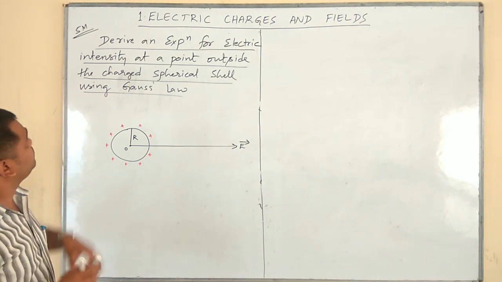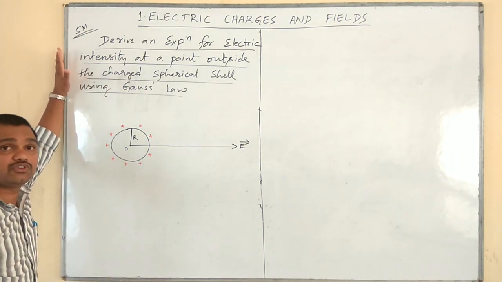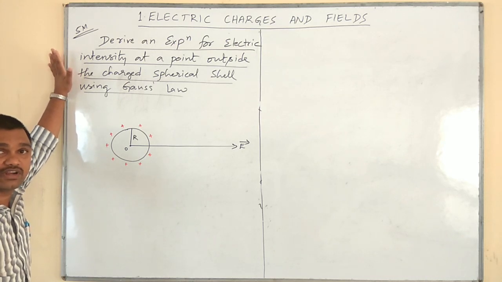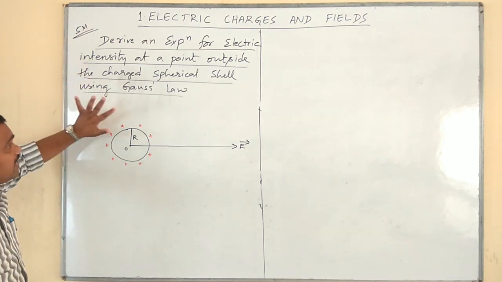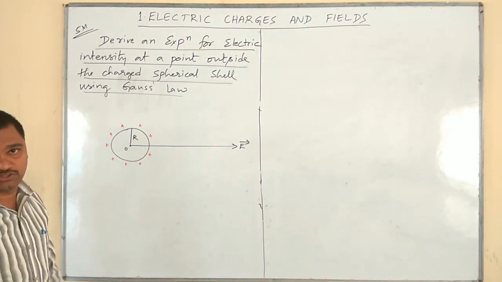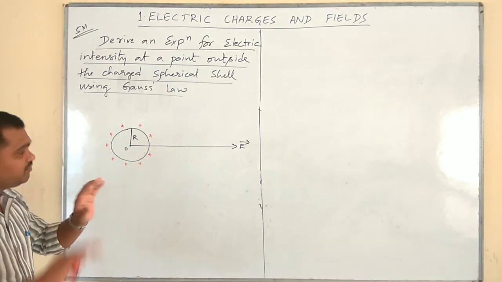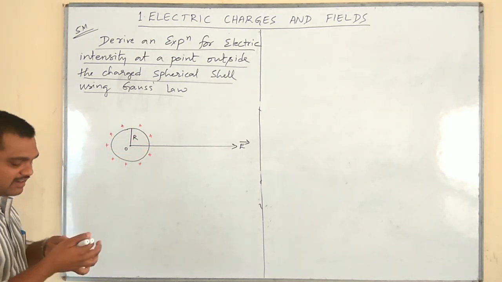Next, what are the rules one should follow in order to apply Gauss law? The first rule says, imagine a Gaussian surface symmetrical to the charge distribution. Here, the charge distribution is just like the charges on the sphere.